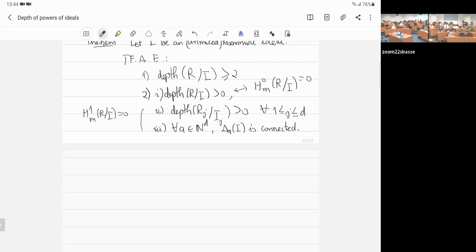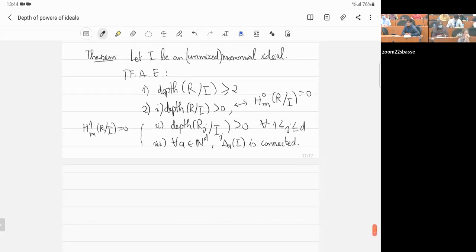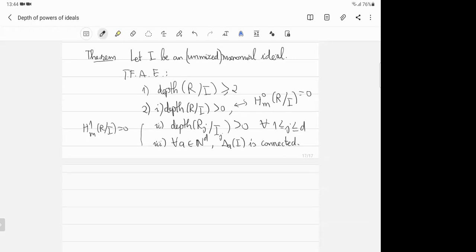Apart from this result, does unmixedness imply something in this particular construction of the depth computing? Yes, there's a result where I need unmixed, but I will state it now. So here is a result that I will need unmixed.